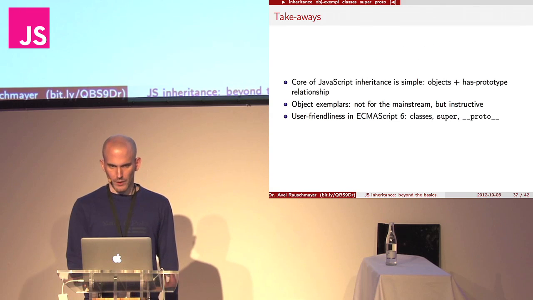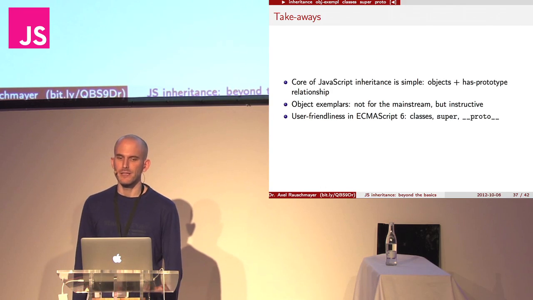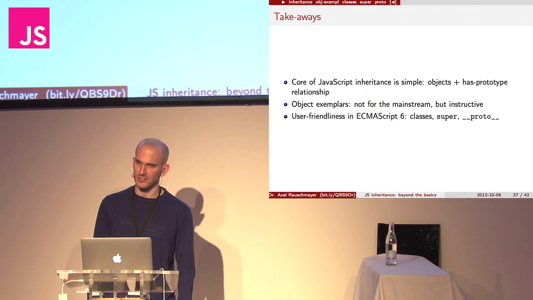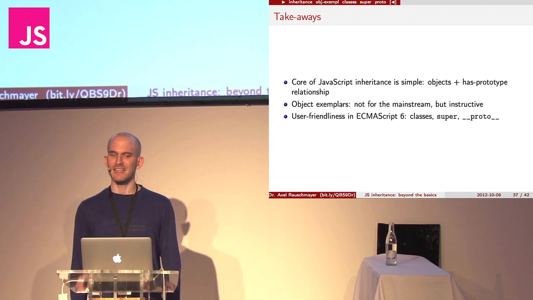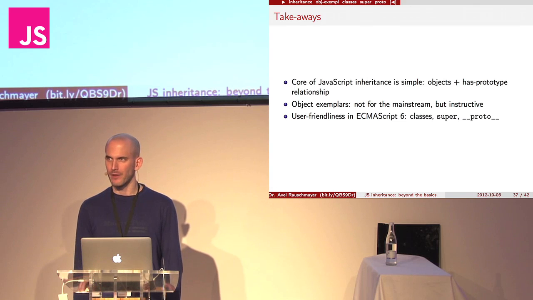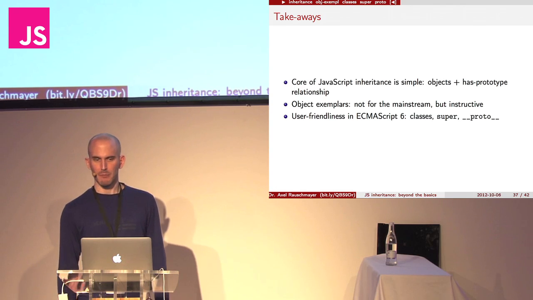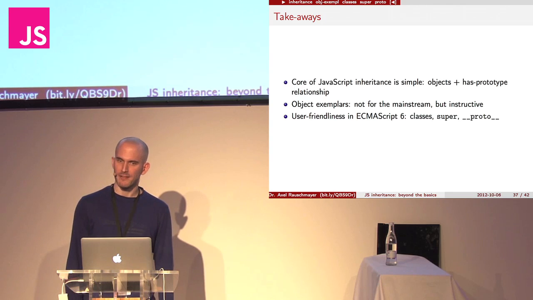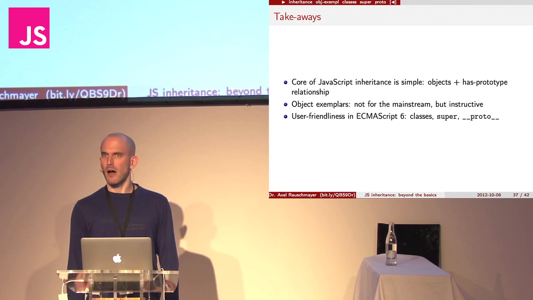Conclusion. There are a few takeaways. The core of JavaScript inheritance is simple and elegant. It's just objects and the has-prototype relationship. I think object exemplars underline that simplicity and elegance. So they are instructive.